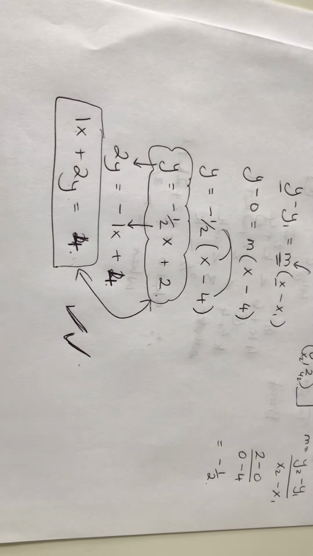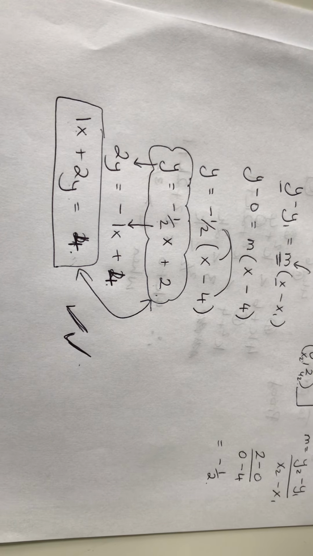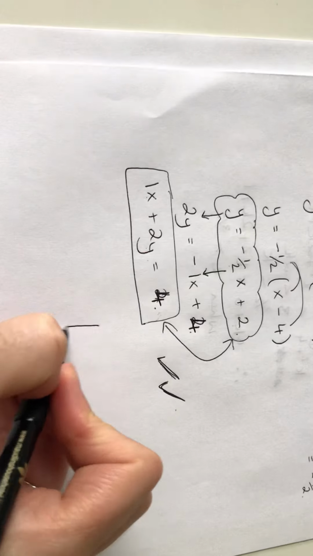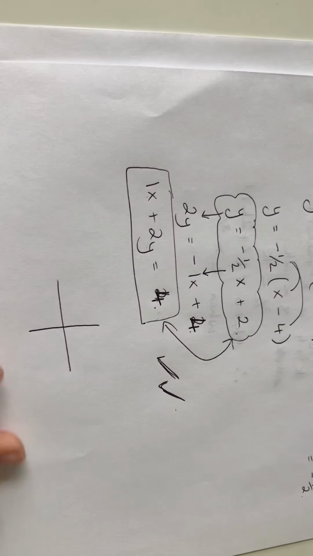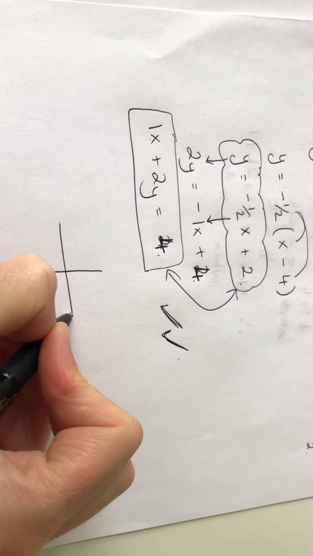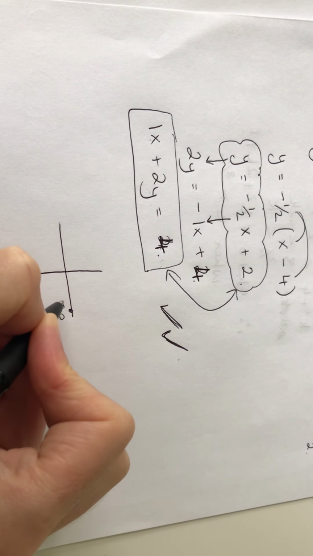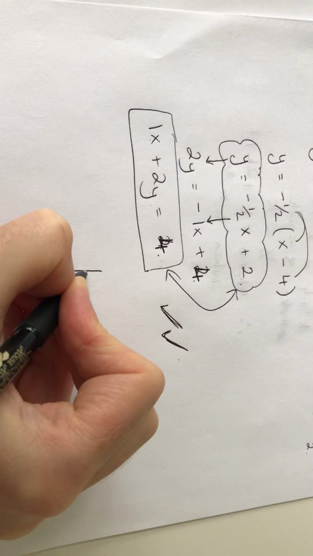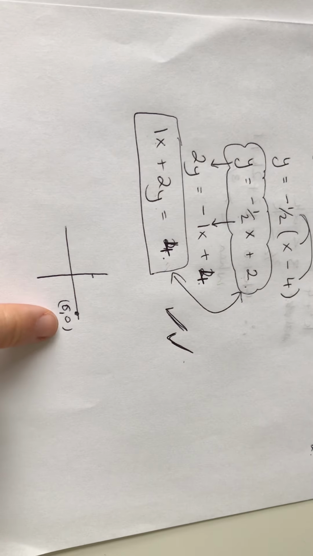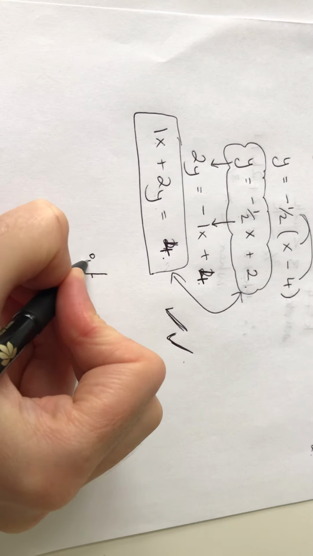Now, that's a lot to take in. So I want you to go back through that video, make sure you're very, very happy with it. And when you're happy, I want you to try and find the equation of the following line. So that's the point 6, 0, and this is the point 0, 3.